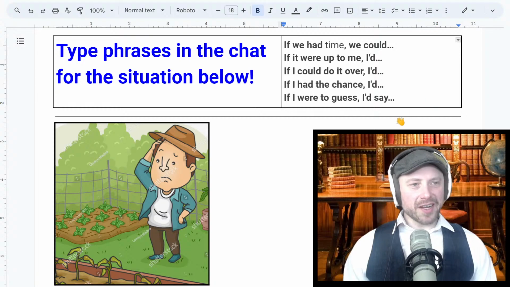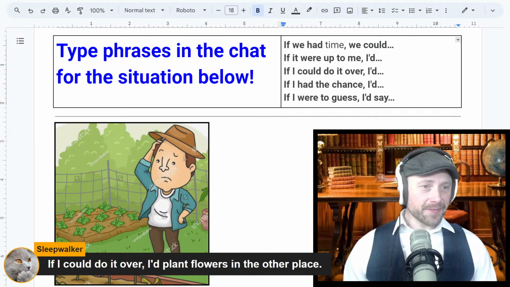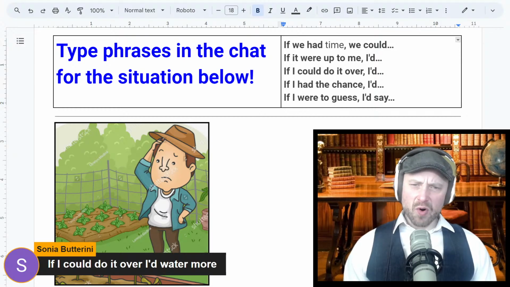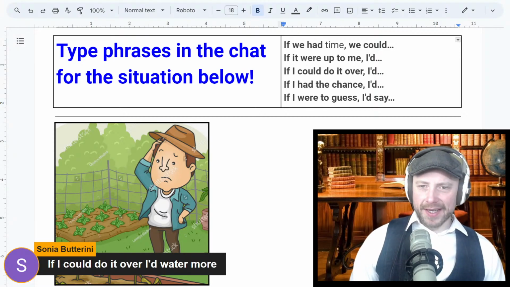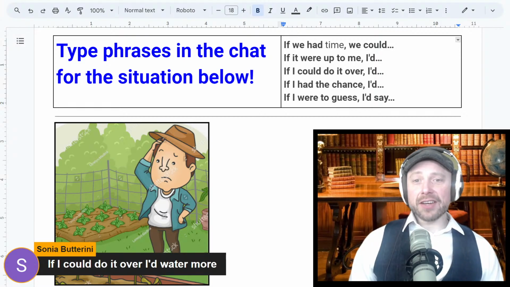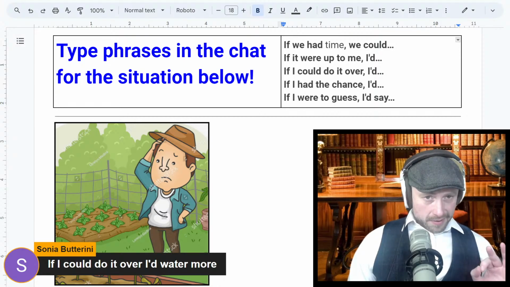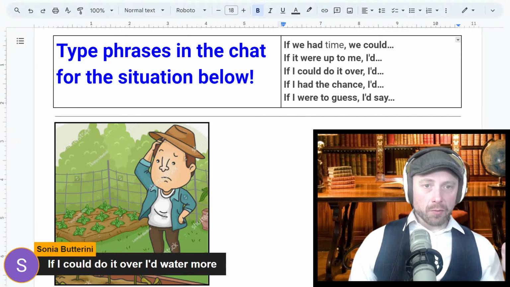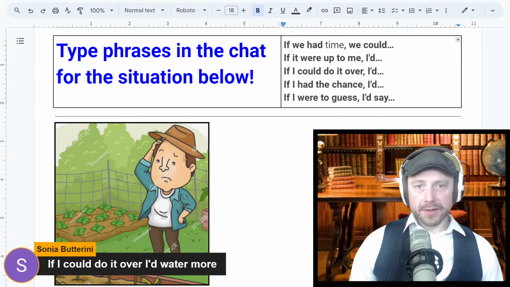If I could do it over, I'd plant flowers in another place, said Sleepwalker. Sonia says, if I could do it over, I'd water more. So two issues with this, Sonia. We need, if I could do it over, comma, I'd water them more.